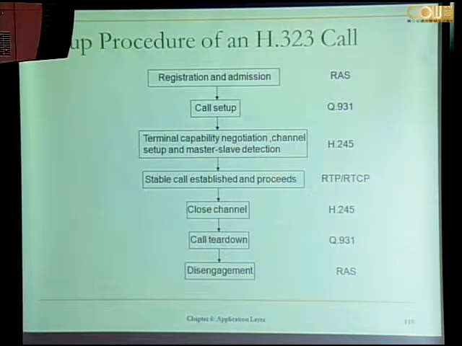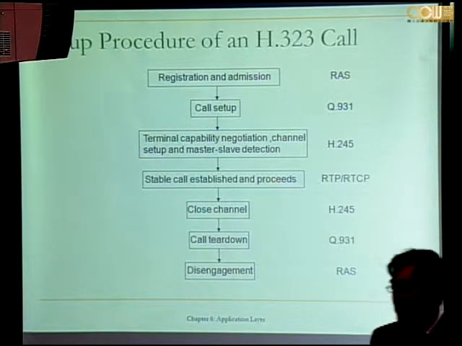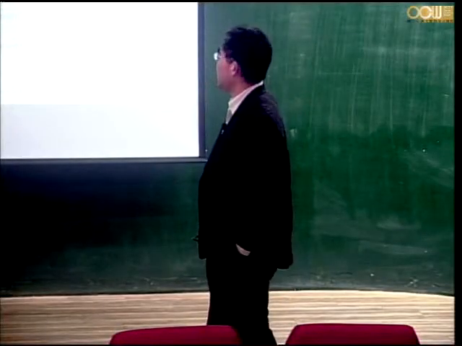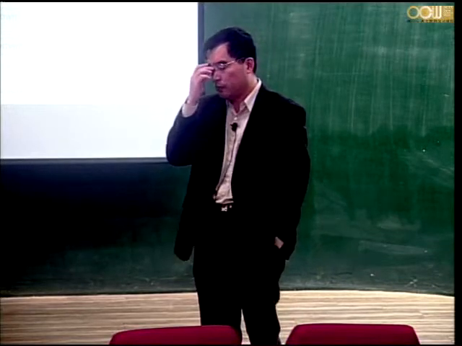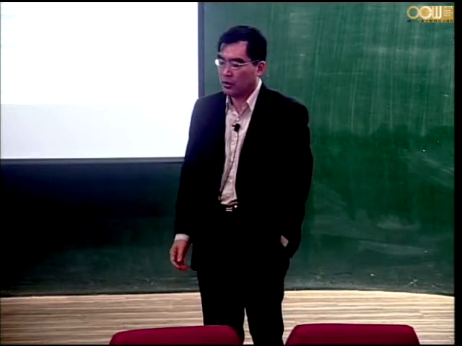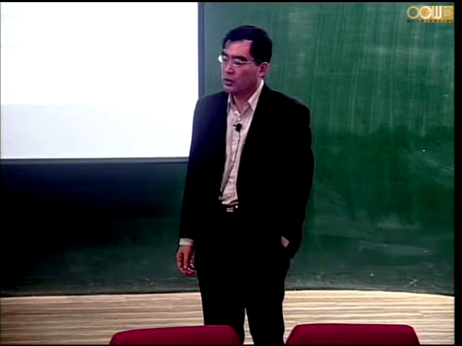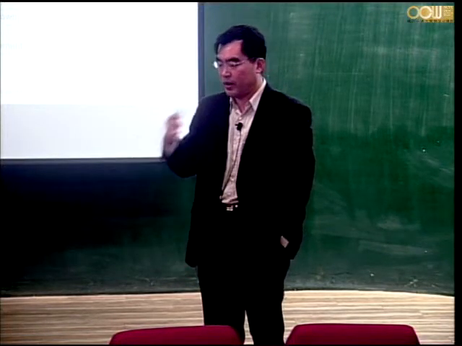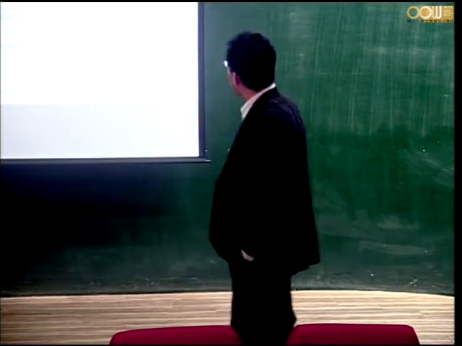and then the call is up, so you can send the RTP message and RTCP message. RTP message is to encapsulate the voice data, while the RTCP is for the path quality report.